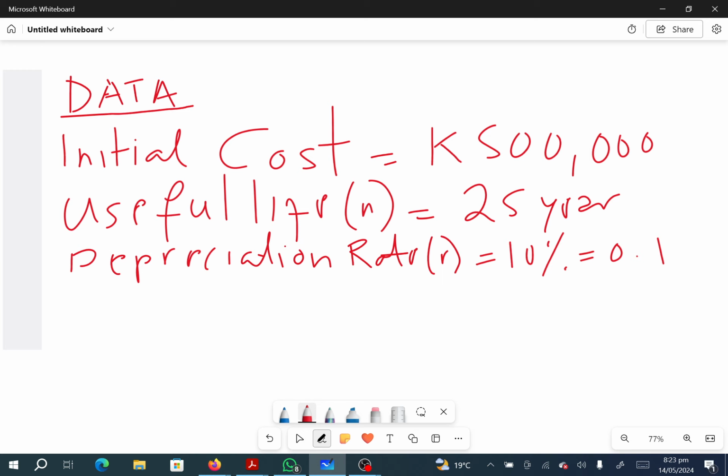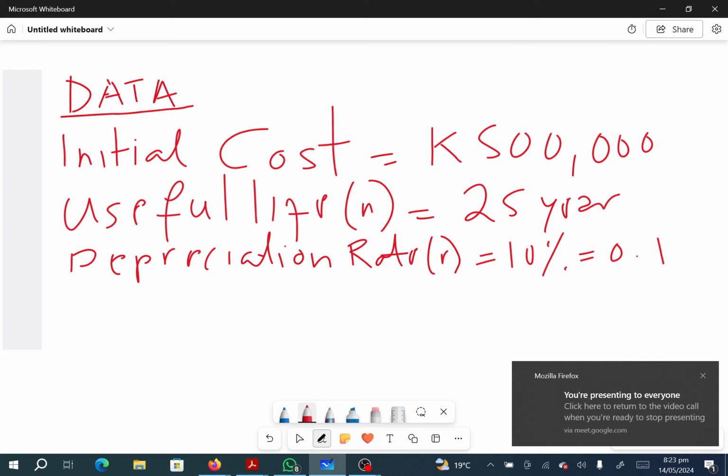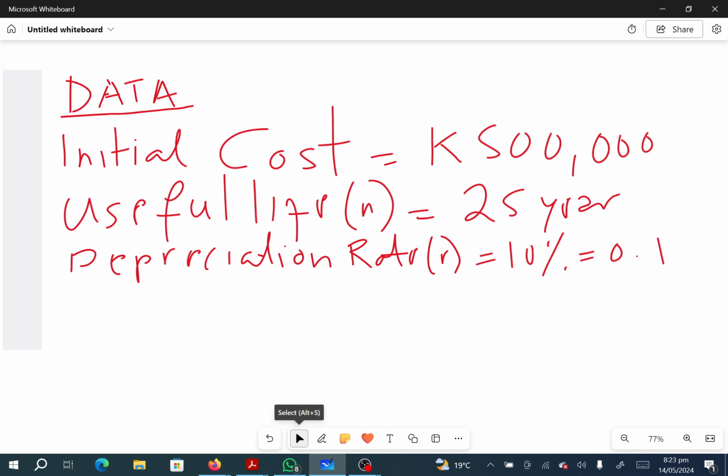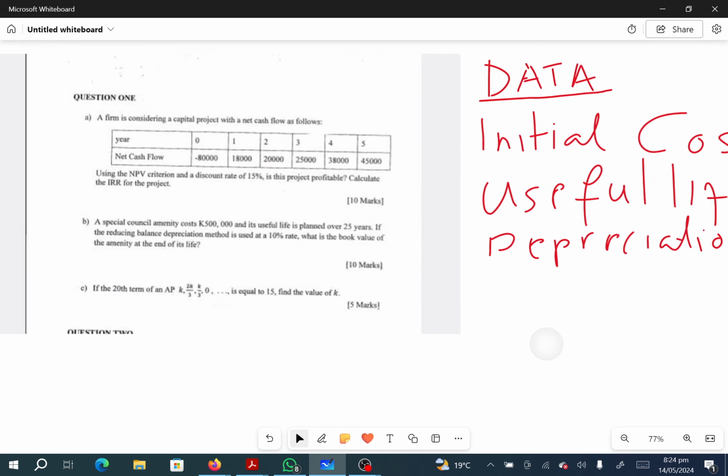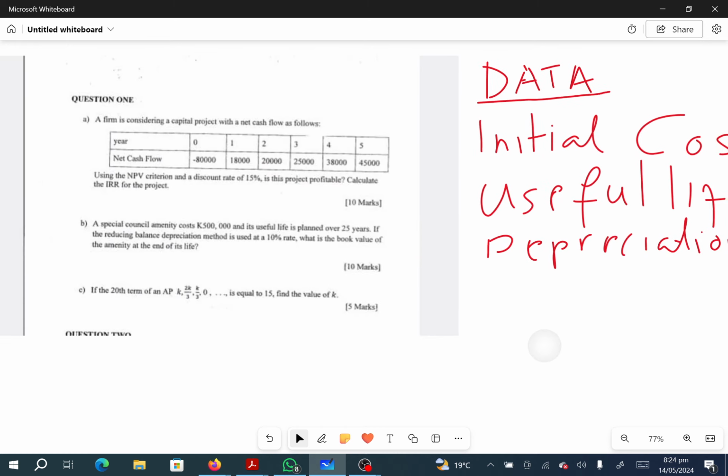Okay, so welcome, madam. We are just looking at the introductory part of depreciation using the reducing balance method. We are considering question 1B, which says a special council amenity costs 500,000 and its useful life is planned over 25 years.